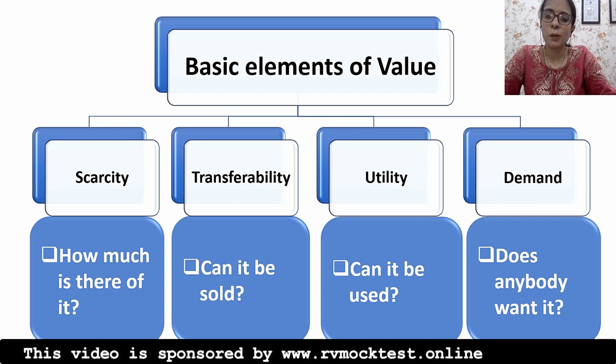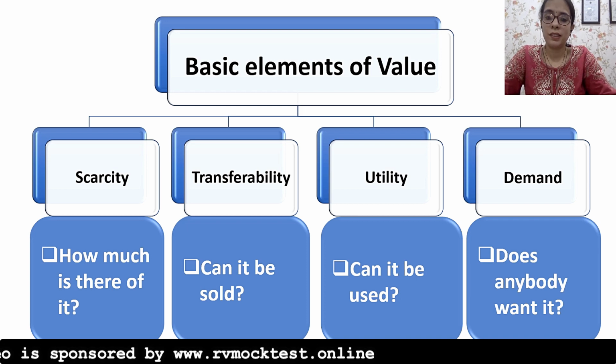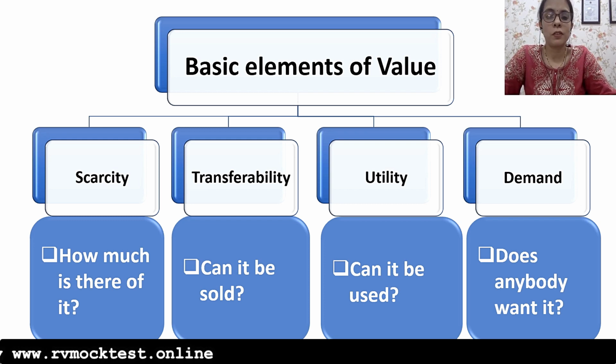So does anybody want it? The fourth element of value asks, does anybody really want this property? The desire or need for ownership supported by financial means to satisfy the desire. This means buyers not only wish to purchase a particular real estate, but they also have the financial resources to buy it.